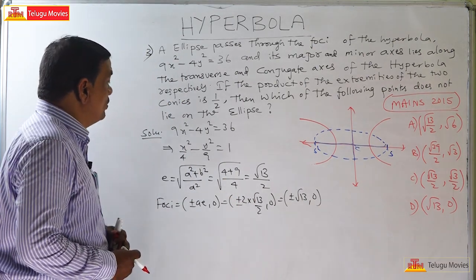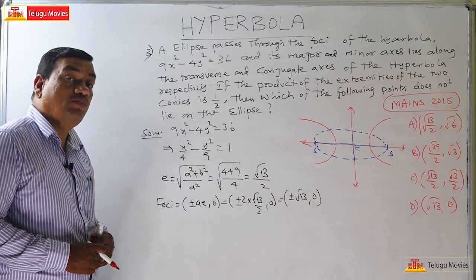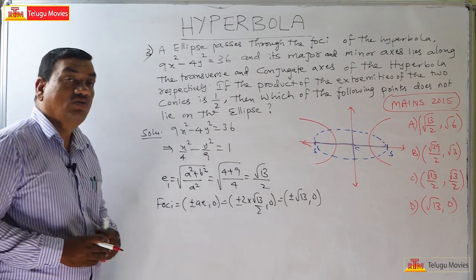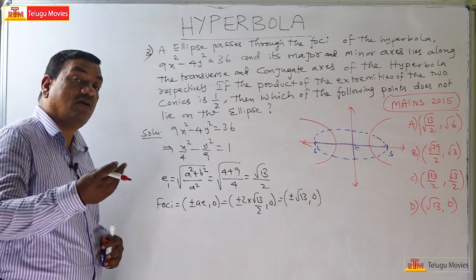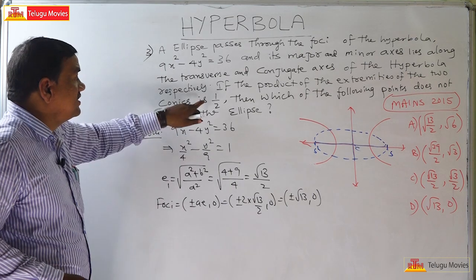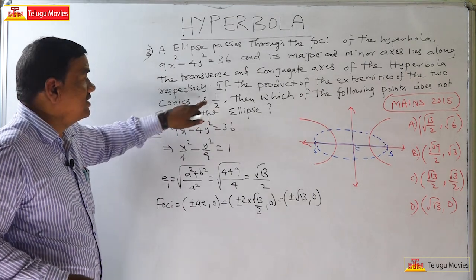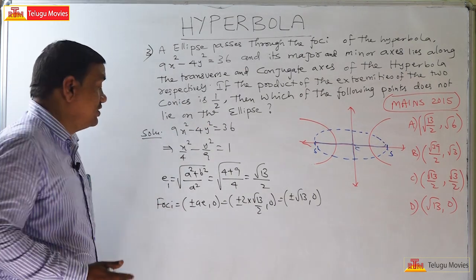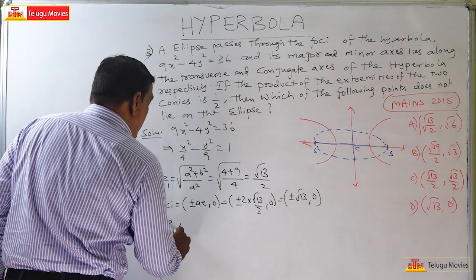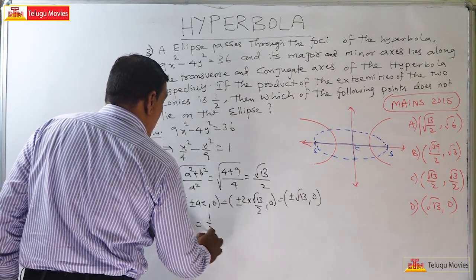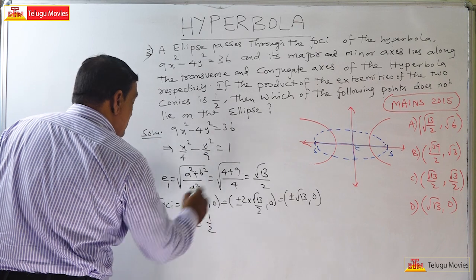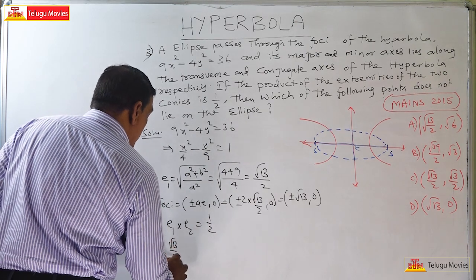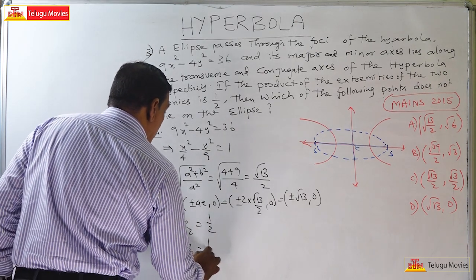Now, what is the eccentricity of the ellipse? It is given that the product of the eccentricities is equal to 1 by 2. So e1 into e2 is equal to 1 by 2. Here e1 is root 13 by 2, into e2 is equal to 1 by 2.